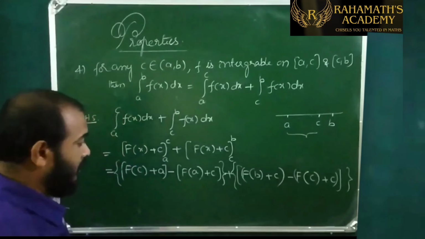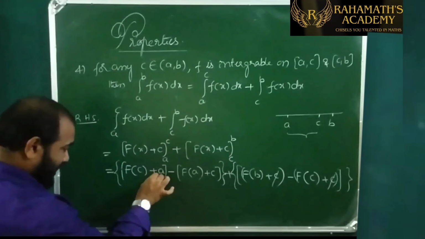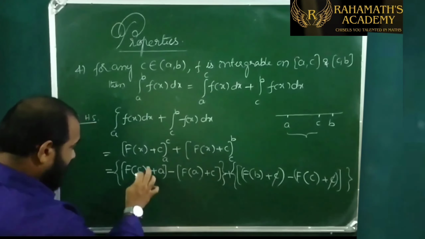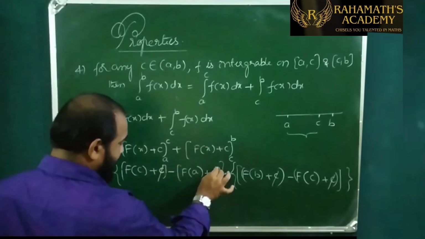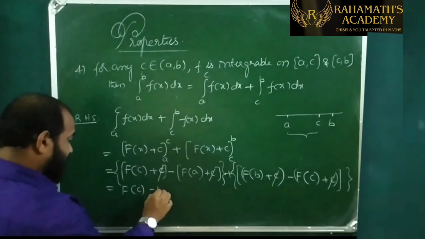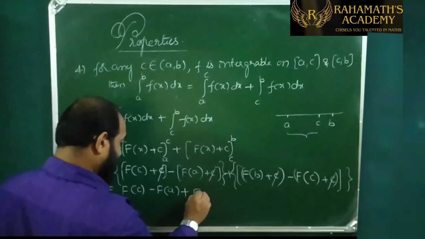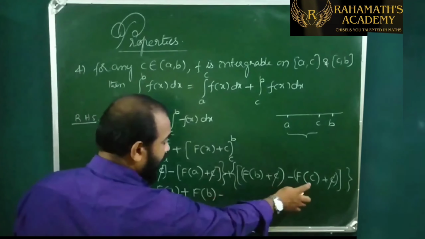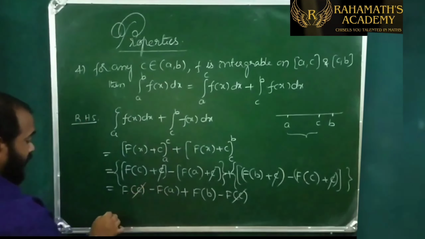Now this plus c minus c gets cancelled. This plus c minus c gets cancelled. We are left with F of c minus F of a plus F of b minus F of c. Minus F of c plus F of c gets cancelled.